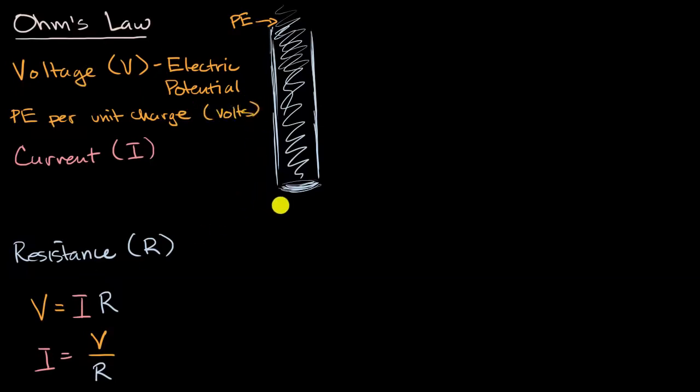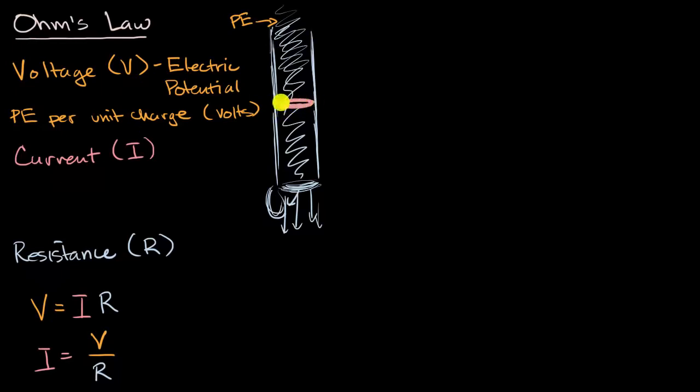Now let's think about what would happen if we now open the bottom of this pipe. So we open this up. What's going to happen? Well, the water is immediately just going to drop straight down. That potential energy is going to be converted to kinetic energy. And you could look at a certain part of the pipe right over here, and you could say, well, how much water is flowing per unit time?